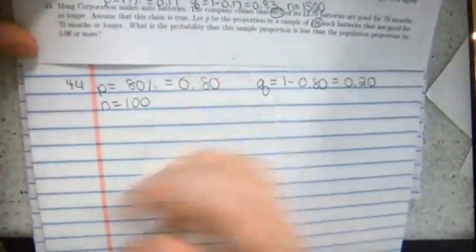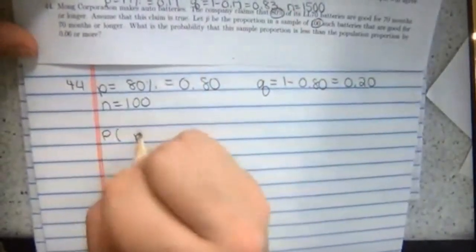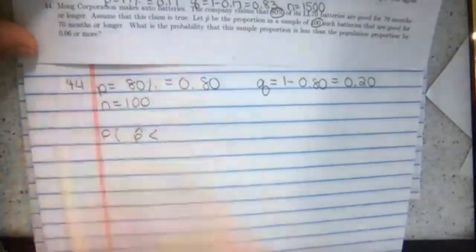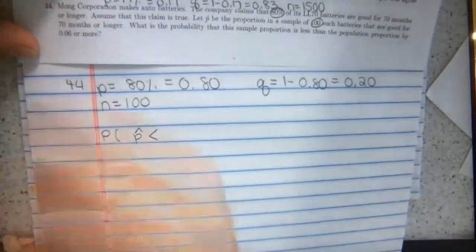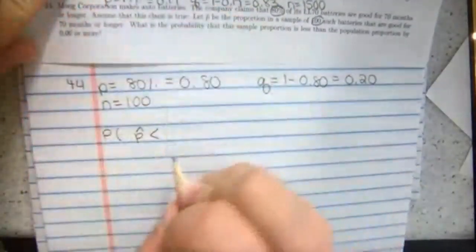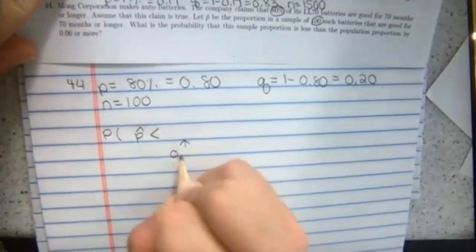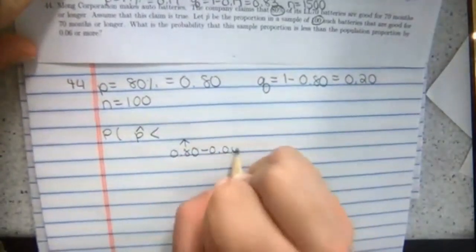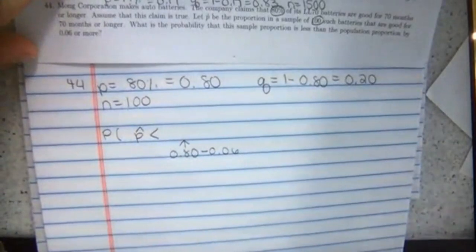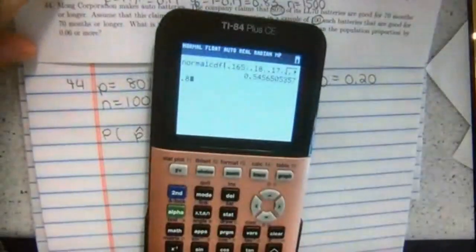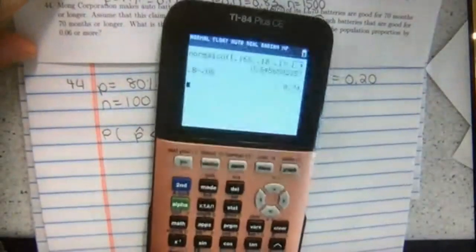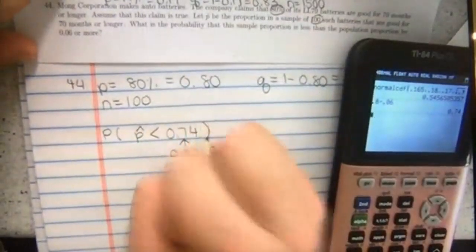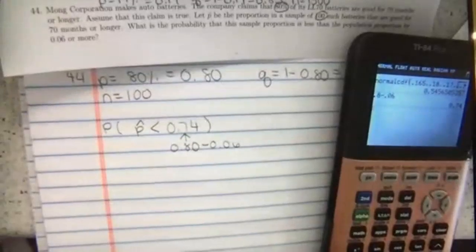And it's saying, what is the probability that the sample proportion, that p hat, is less than the population proportion by 0.06 or more? So our population proportion is 0.80, and it's less than that by 0.06, so 0.80 minus 0.06 gives us 0.74. So it's saying p hat is less than 0.74.